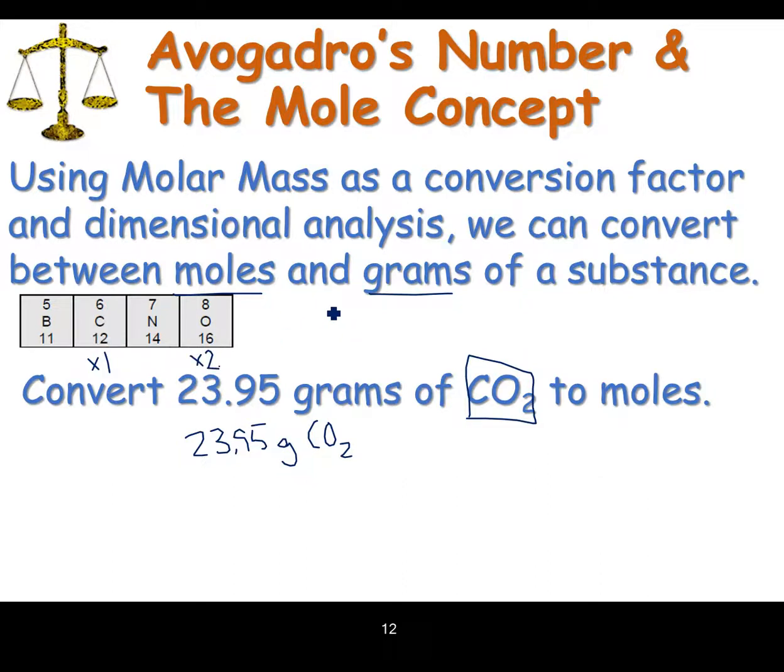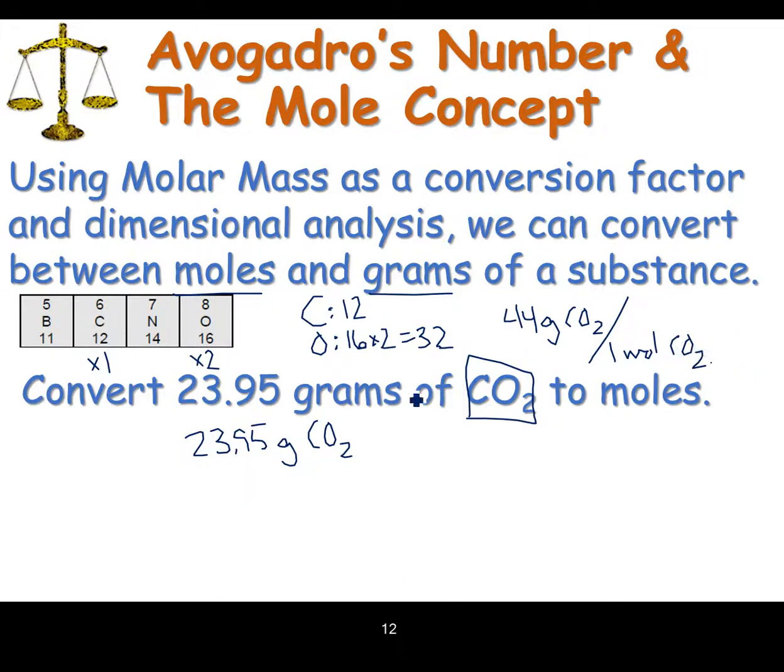That's going to give us a mass. From carbon it's 12. From oxygen it's 16 times 2, which is 32. Add the two together and we find there are 44 grams of carbon dioxide in 1 mole of carbon dioxide.